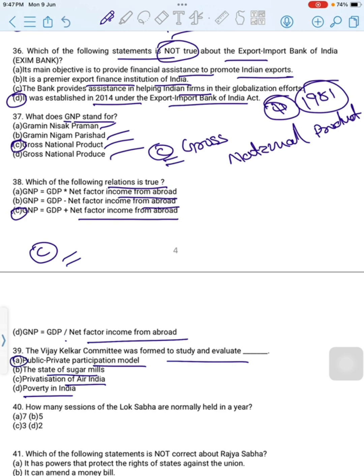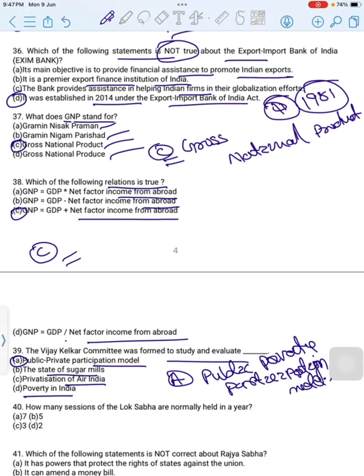Then correct option is option A, public-private participation model. The Kelkar committee was constituted to study and evaluate the public-private participation model and to improve capacity building in government for their effective implementation. Then correct option is option A.